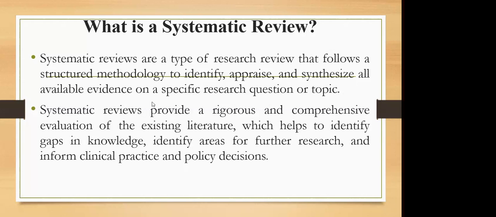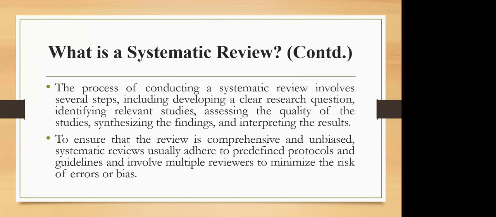So what the systematic review tries to do is that it follows a more rigorous and comprehensive process to appraise any evidence. So that is it. And also, you need to understand that for you to conduct a systematic review, when you have identified a clear research question, what do you do next?